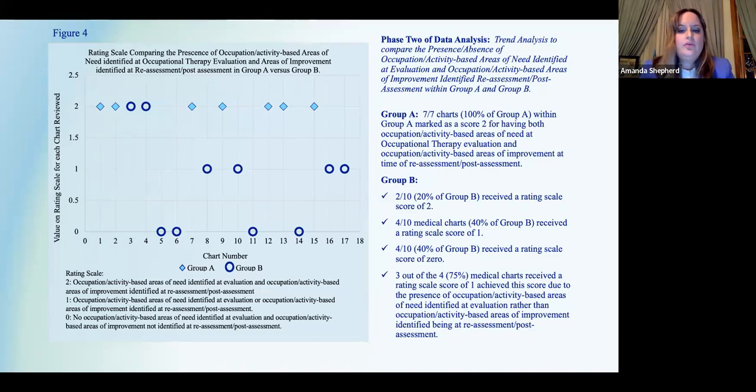And in Group B, about 20% of them received that same rating scale score of 2. And the rest of the group was split between 40% who received a rating scale score of 1 and 40% who received a rating scale score of 0.